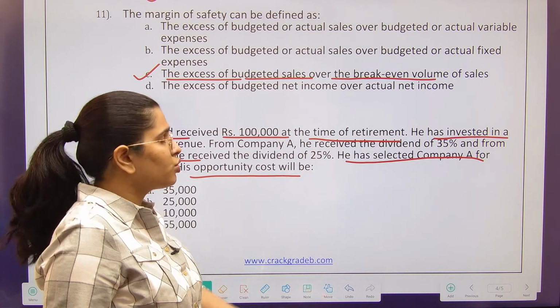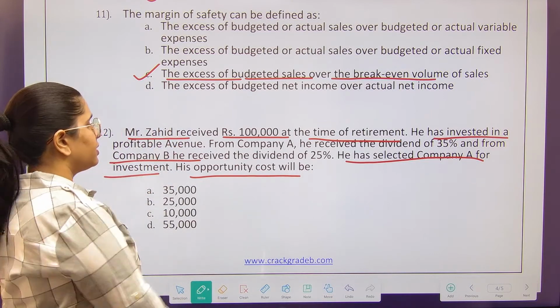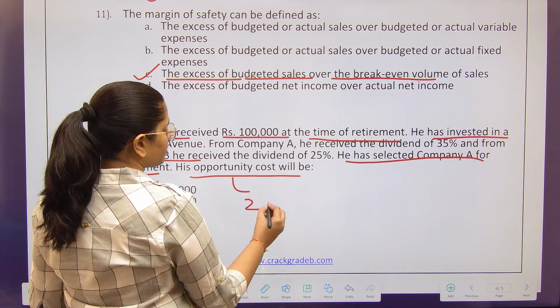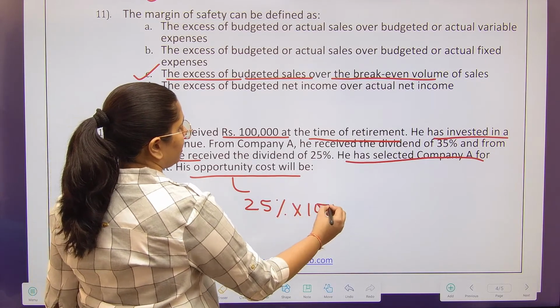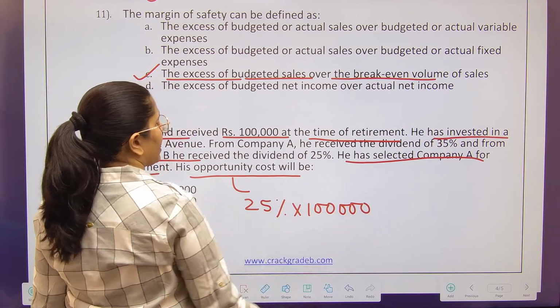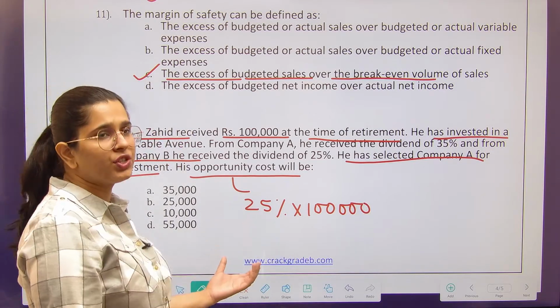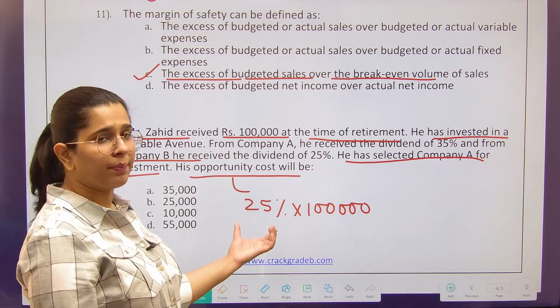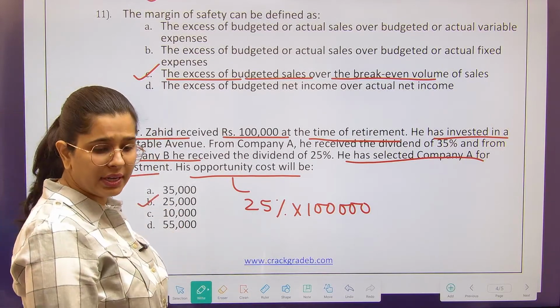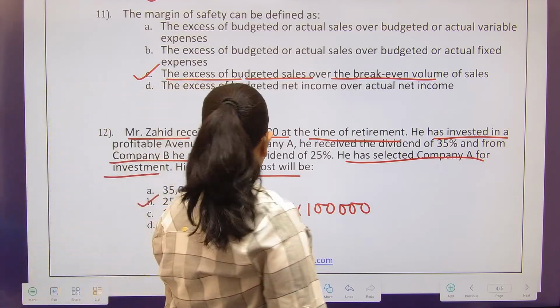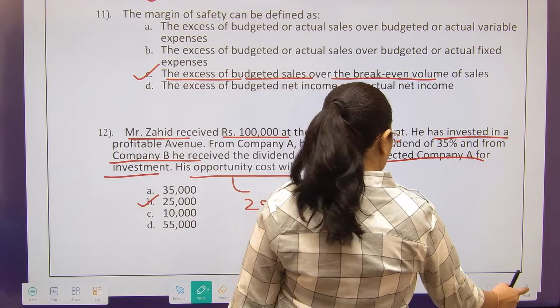Company B. So opportunity cost here is, in order to choose company A, he has let go the dividend which he would have received from company B. So this is my opportunity cost, 25,000. Yes.